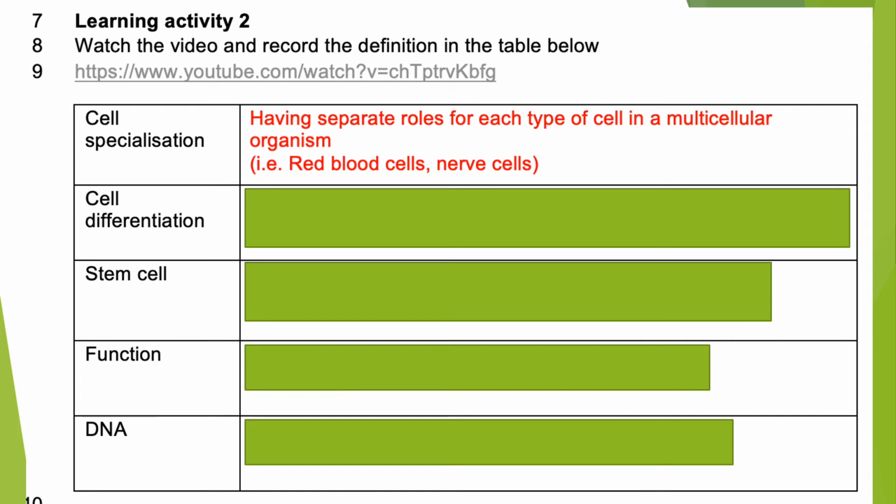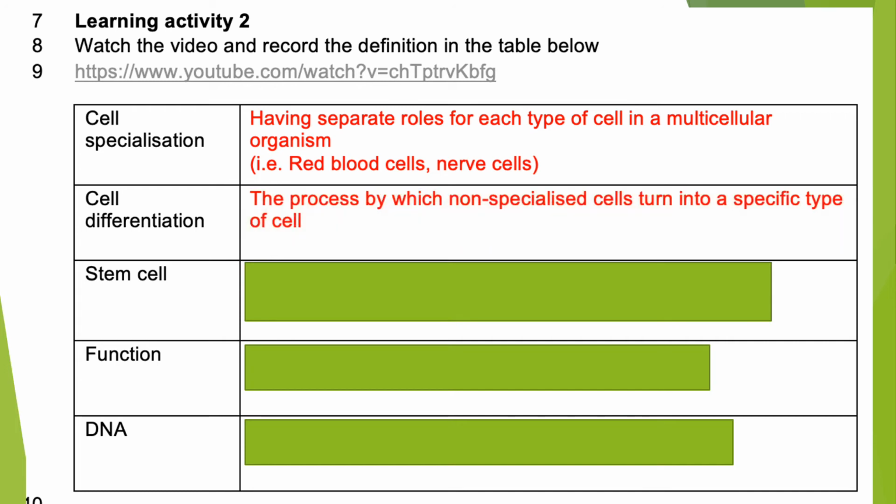Cell differentiation. So again, this is the reason why you need to know the difference between these two words, okay? The process by which non-specialized cells turn into a specific type of cell. So remember that differentiation is the process of changing from a non-specialized cell, right, typically a stem cell, into a more specialized cell like red blood cells or skin cells, things like that.